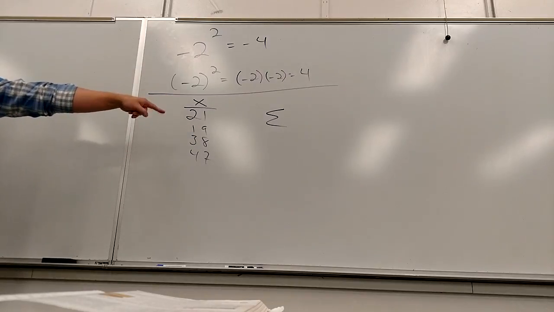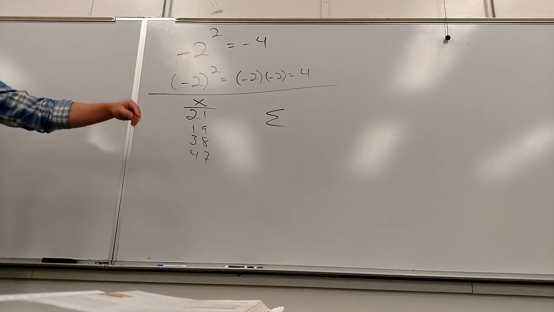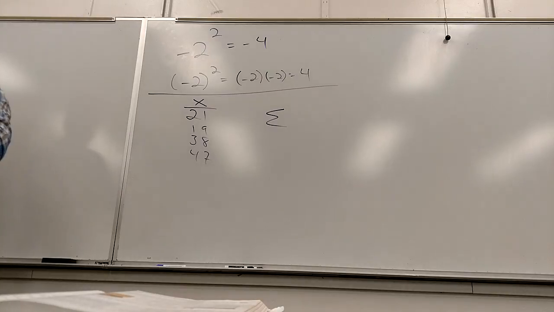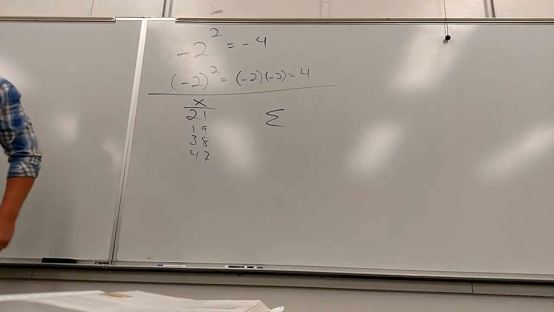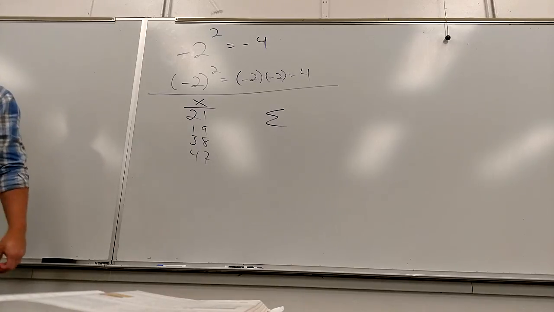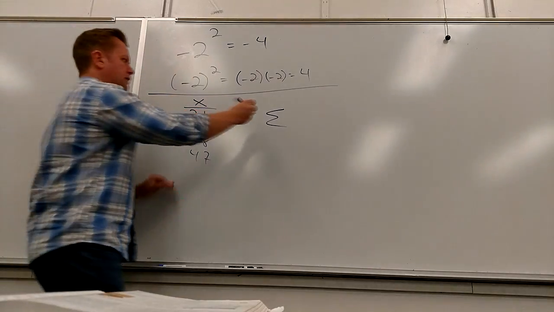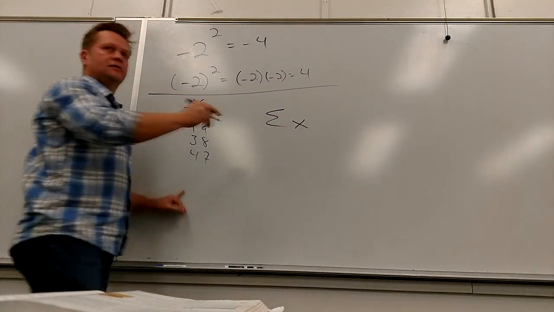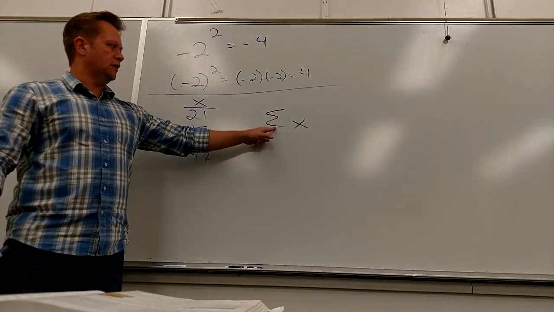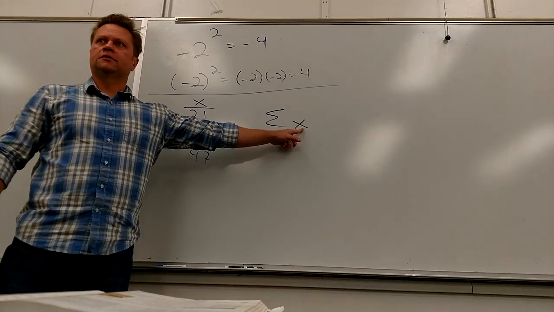It's actually the capital Greek letter sigma. So it's the letter S, basically. And we use it to mean sum. The sum of. And of course, sum means adding. I love this. Remember that. Sum means add. So if I said this, the way to read this is the sum of the x's.